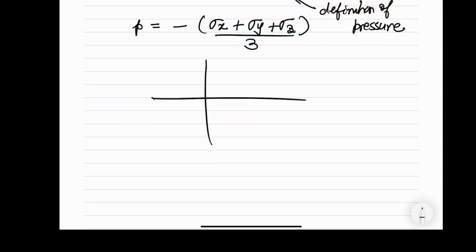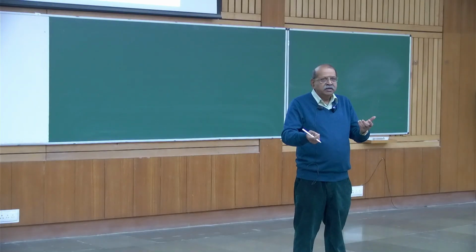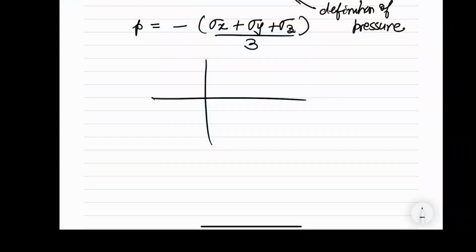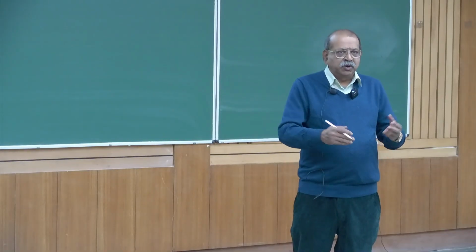How do we draw it? Sigma x, sigma y, sigma z, all of them are equal. So it will just be a single point. And where will it lie? Which side of the axis? Positive or negative? Negative, because of pressure.